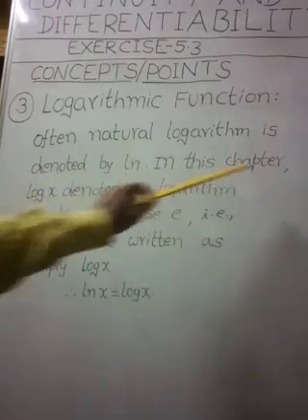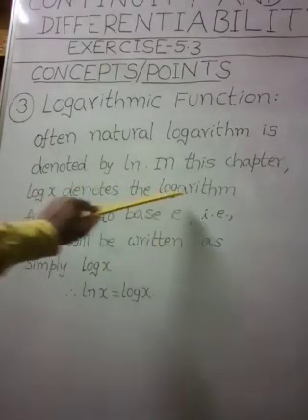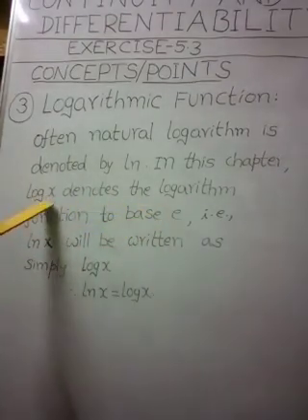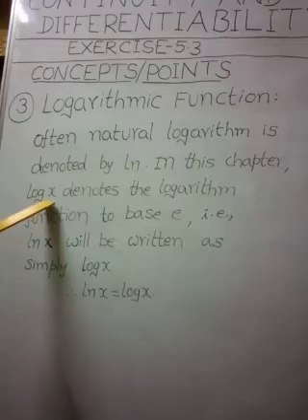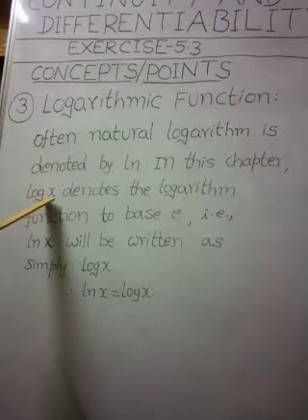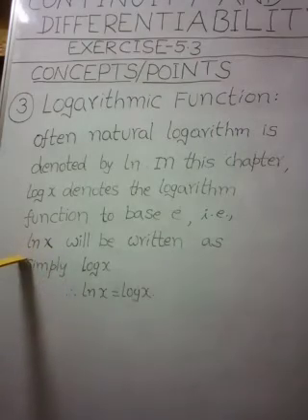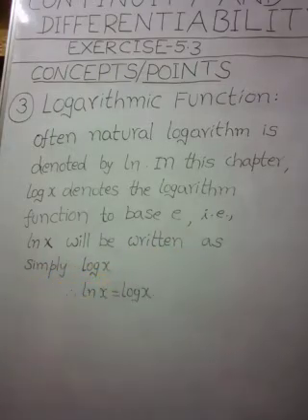In this chapter, log x denotes the logarithm function to base e. Here the base is not written, so we have to assume that the base is e only. That is, ln x will be written simply as log x.